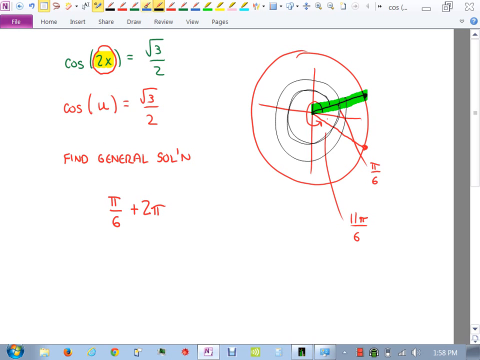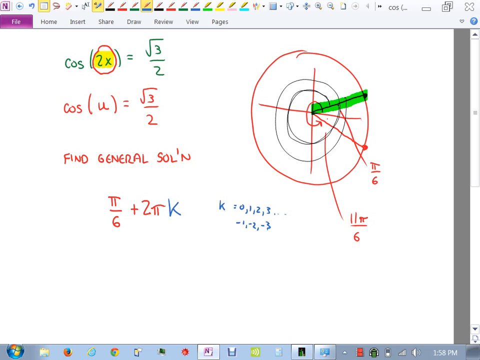So what we do is we put pi over 6 plus 2 pi k, or you can use n. And k is basically the number of rotations. So k could be 0, 1, 2, 3, any of those. And you could also have -1, -2, -3, so you could go backwards.